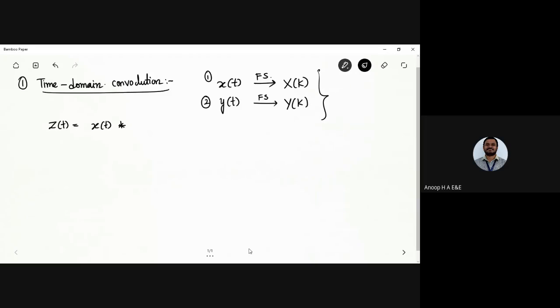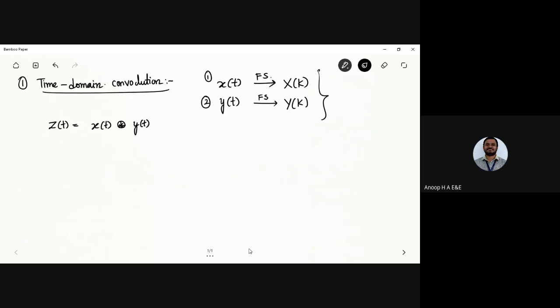What is the main difference here? We are going to perform the circular convolution. I'll tell you what the circular convolution is in one of my videos. The circular convolution is nothing but changing one of the continuous time signals while keeping the other as constant, like a discrete time sequence.